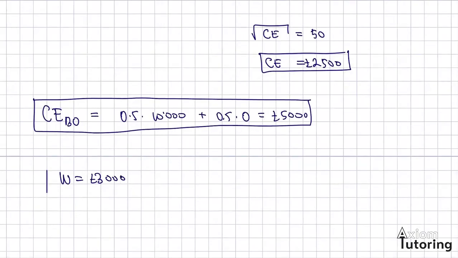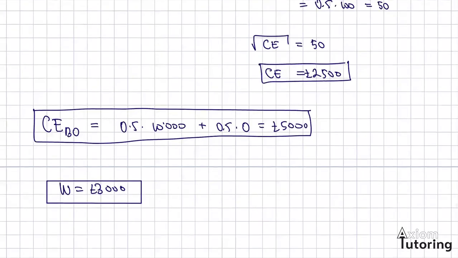The employee is super happy, because the lottery was equivalent to getting 2,500 pounds a month. So the employee is getting an extra 500 pounds of value.